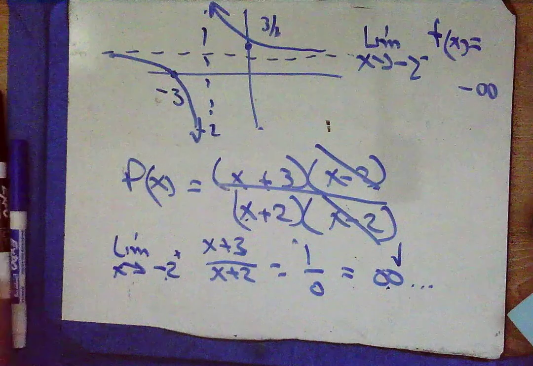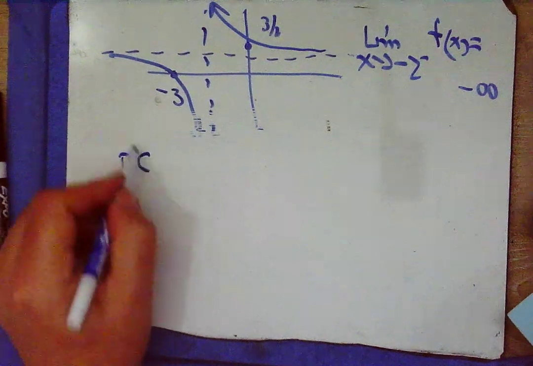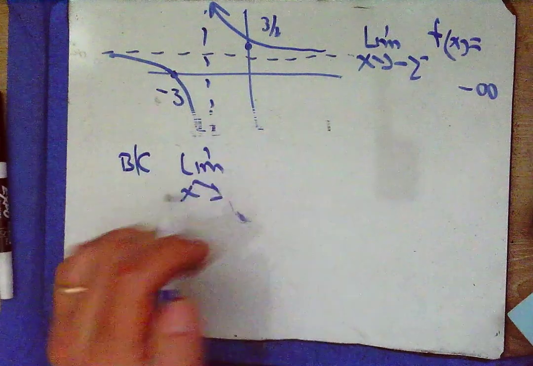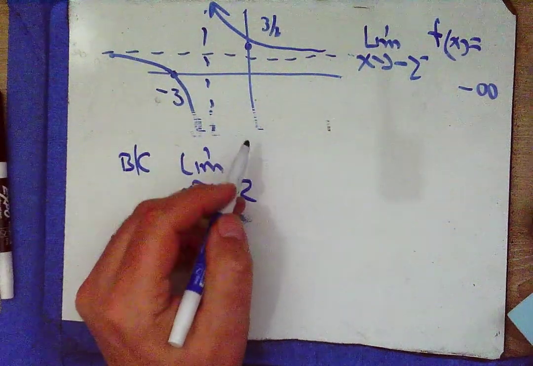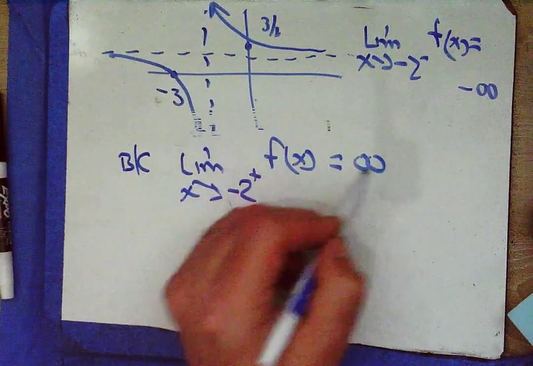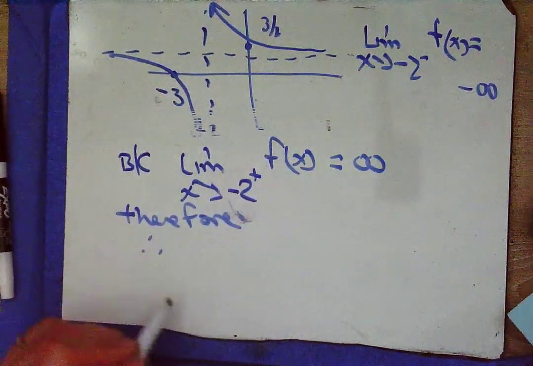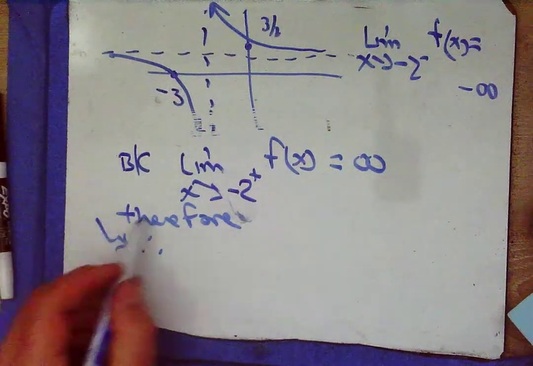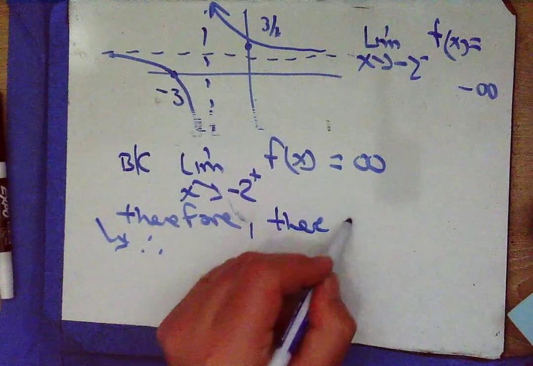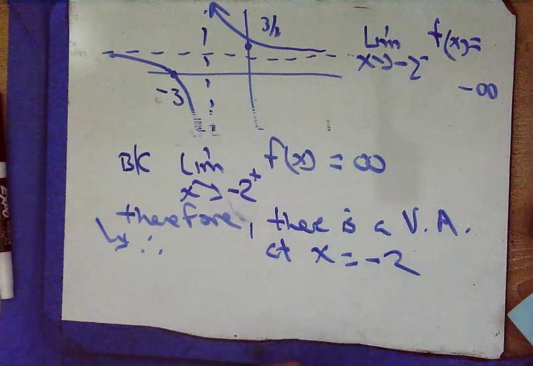So I want to say, simply, because the limit as x approaches -2 from the positive side equals infinity, therefore, oh, by the way, this symbol means therefore, there is a vertical asymptote at x equals -2.